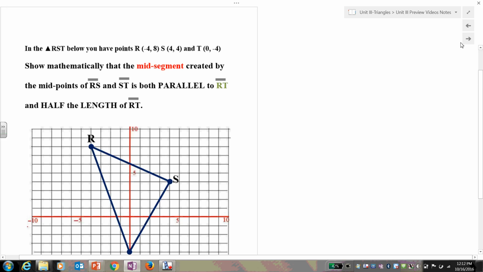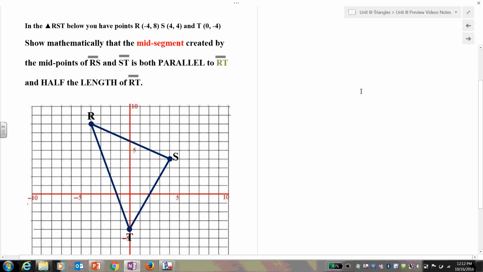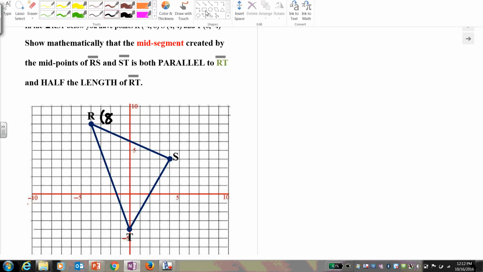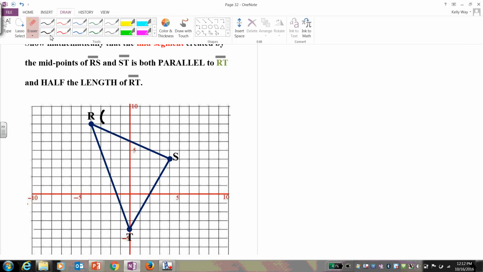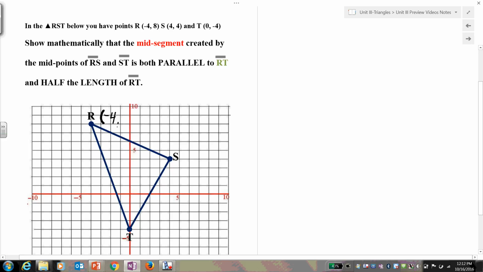Now we're going to use this concept on a coordinate plane. In triangle RST below, you have points R, and R is at -4, +8. Let's graph this. -4, +8. S is at 4, 4. And T is at 0, -4.